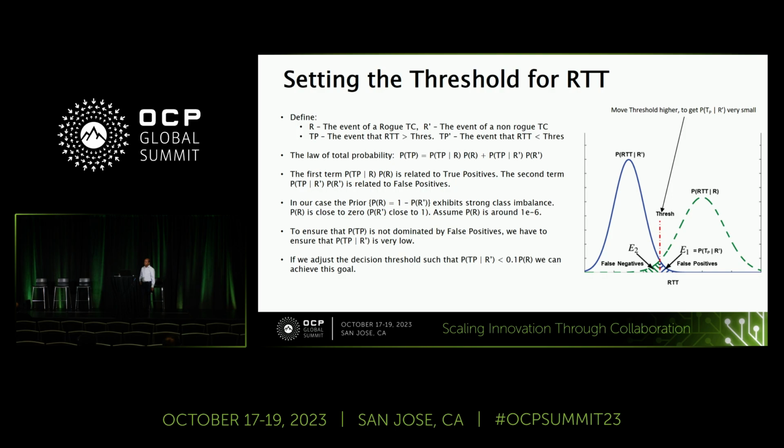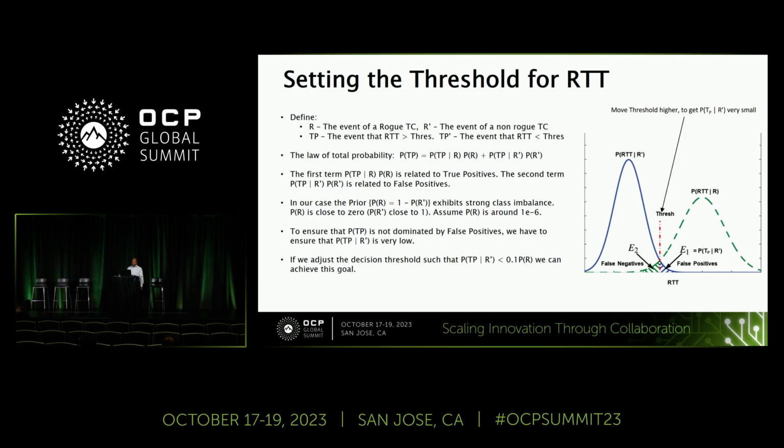The green dashed curve is the distribution of delays when a rogue TC is present, and we attempt to position a decision threshold. It exemplifies the problem of one coming at the expense of the other, right?